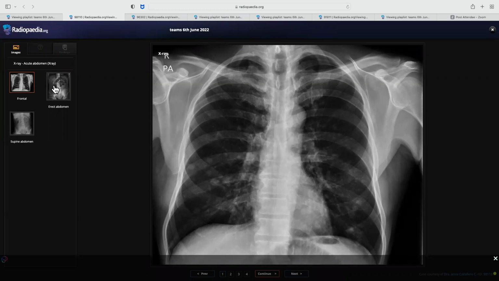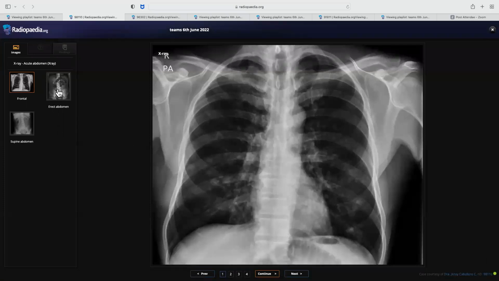However, I cannot appreciate any free air beneath the diaphragm. I'm suspecting a few punctate calcifications within these nodular areas. Okay, probably that might be projection.